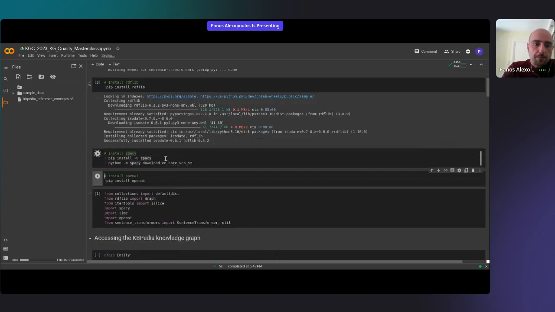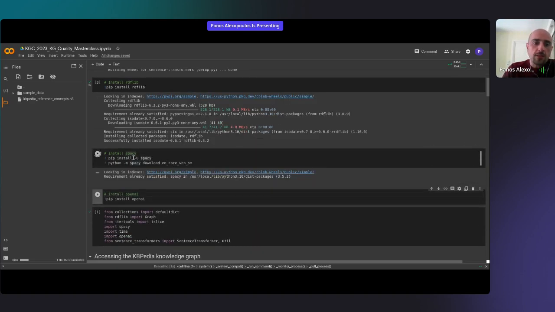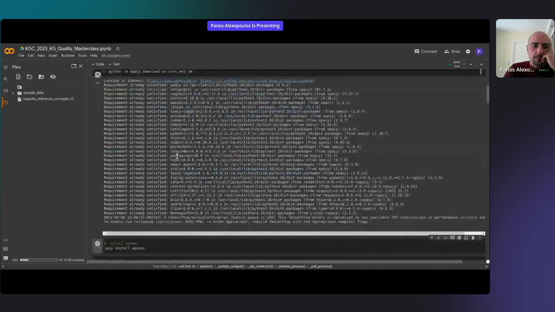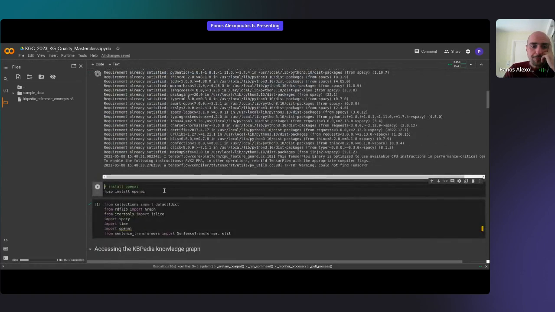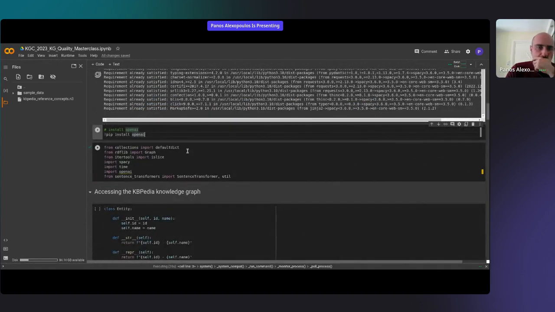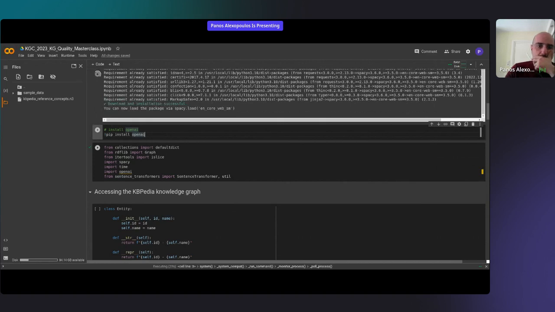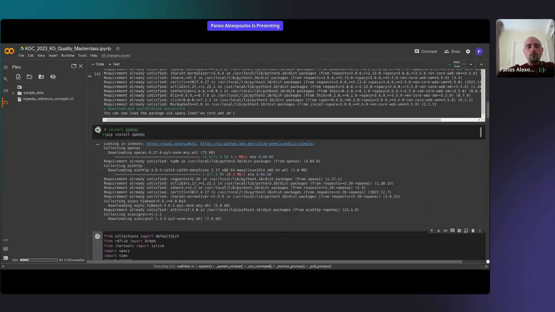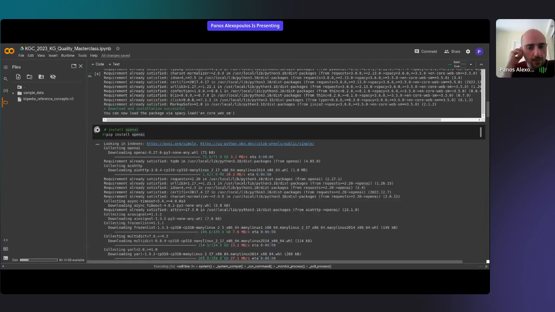Then we have spaCy, an NLP library, and I'm going to download the English model. Generally, spaCy works for additional languages as well, and that's really useful, but today we're going to focus more on English. After that, we're also going to install the OpenAI library in order to use GPT-3.